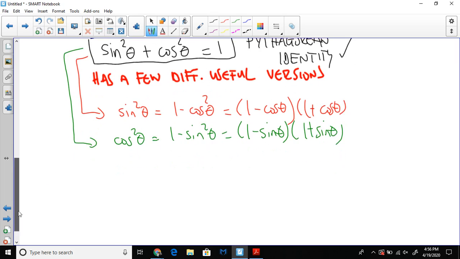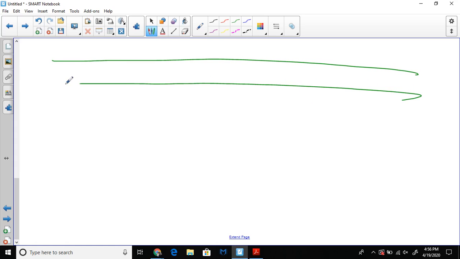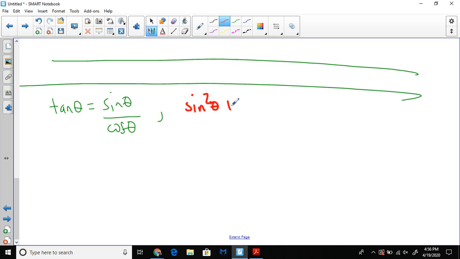So, in summary, we have the identity that tan theta is sine over cos, and then this one, the Pythagorean identity.